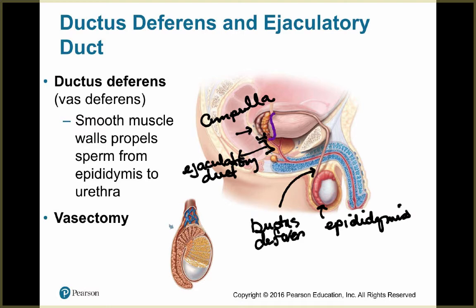There's this guy that's right here. Basically, the ejaculatory duct is the ampulla plus the seminal gland. We're going to talk about what the seminal gland does in a second. So they come together to make this ejaculatory duct. And then from there, they're going to go into this part right here, which is known as the urethra.